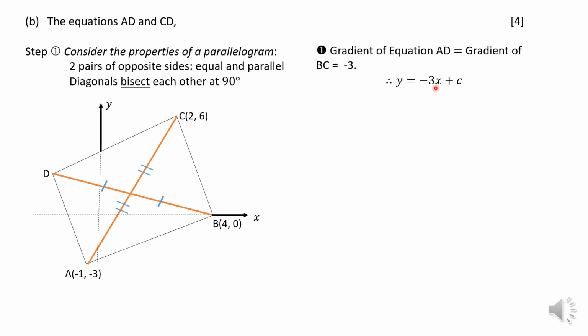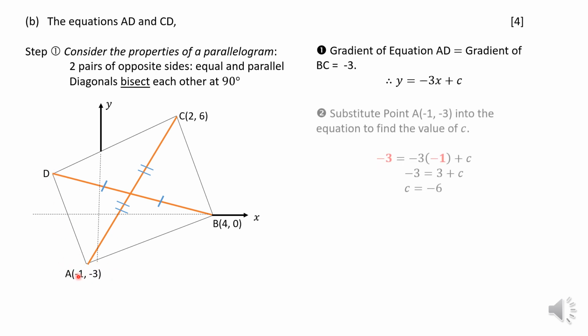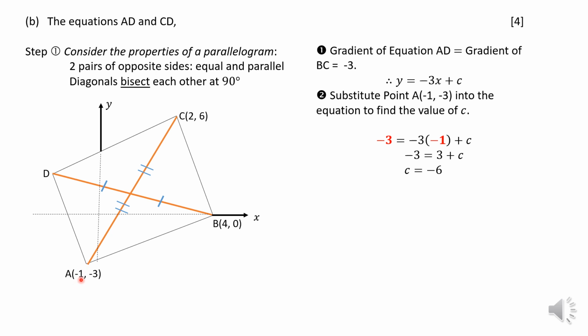So the only thing missing is to find my C. Now, I can't choose a point here because I don't have it, so I must choose point A. And when I choose point A, with y being -3 and x being -1, and I substitute them here, I will be able to calculate my C value. And once I have that, I can complete the equation, which is y equals -3x minus 6.